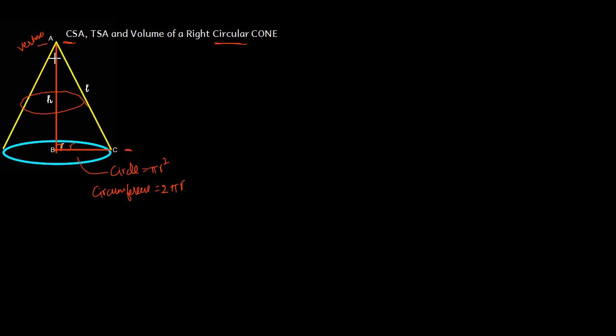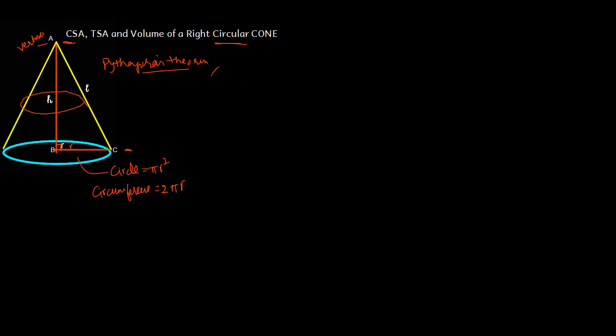So if you are given H, L, R, one of them is missing, you can use Pythagoras theorem and find one of those values which is missing. So for now, the bottom is a circle, circle area is this, circle circumference is 2 pi r, which is the bottom of that cone.